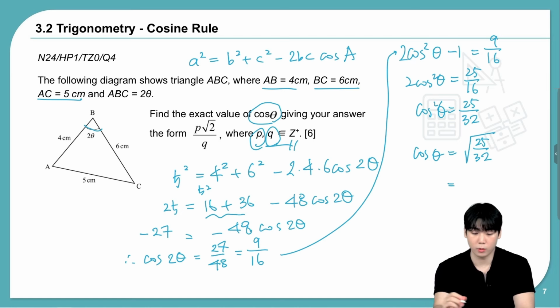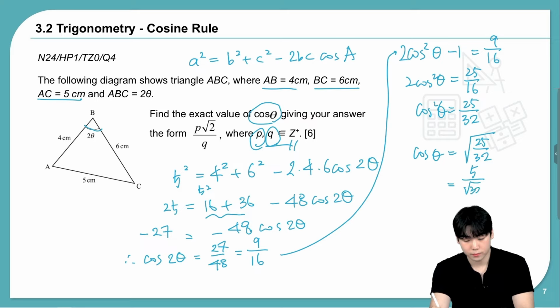And we're not done because we have to further simplify this. Then I have 5 over root 32. But root 32 is what? Root 32 is 2 to the power 5, so that is 5 over 4 root 2. But we're still not done. We have to have the root 2 on the numerator, so that means we have to rationalize this.